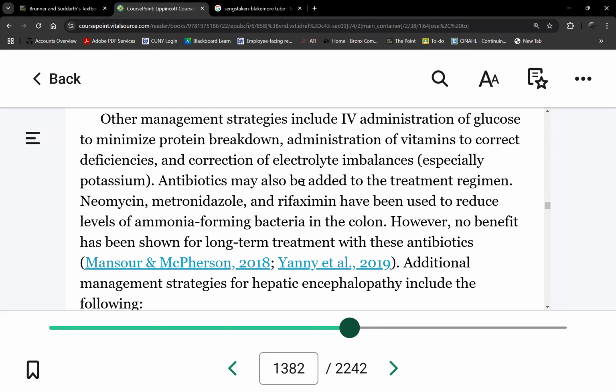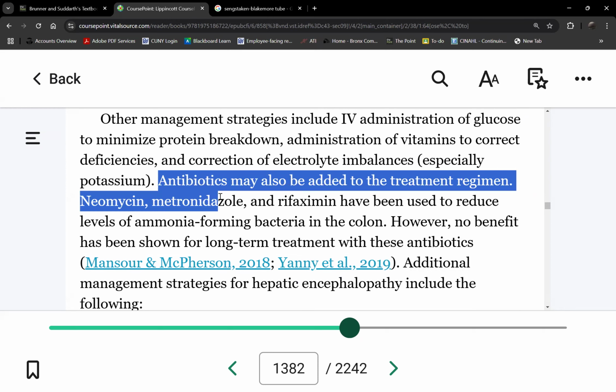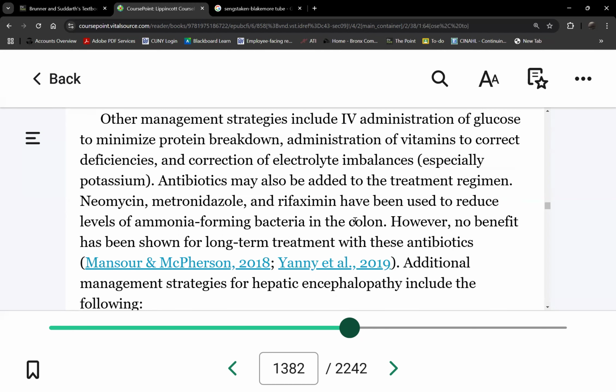If the patient has a really serious aversion toward lactulose and won't take it, other choices are non-absorbable antibiotics like neomycin, metronidazole, rifaximin. These are alternatives to lactulose. They will still reduce ammonia production through the colon.